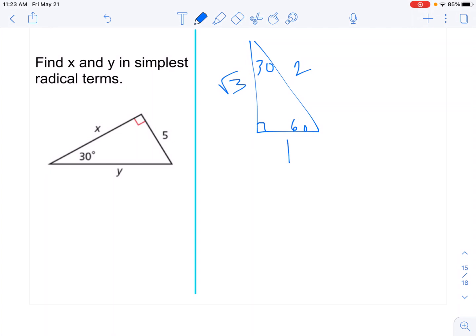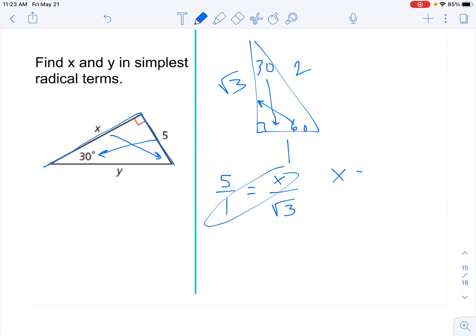And now I'm going to set up a proportion. I can write 5 over 1 equals x. X is the side across from this angle, which would be 60. So I'm going to set it over square root of 3. To find x, I cross multiply, and I get 5 square root of 3.